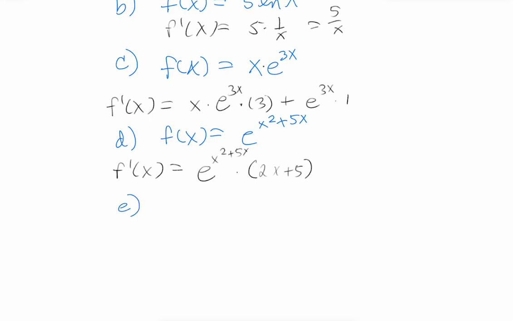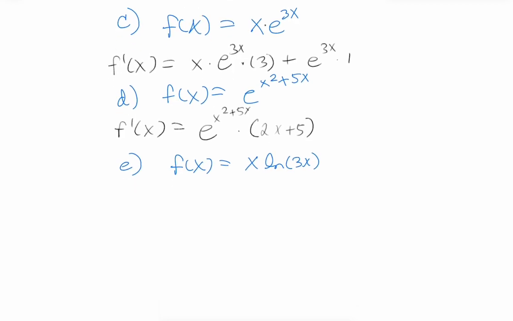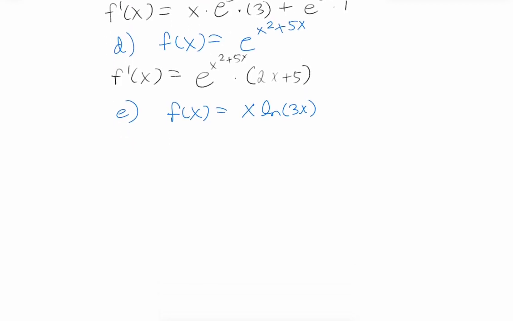So let's do another. We want to do a few natural logs, and then I want to do a log that isn't a natural log, but a different base. So let's do x natural log of 3x. Now, it's still going to require a product rule, so put a little dot between them.